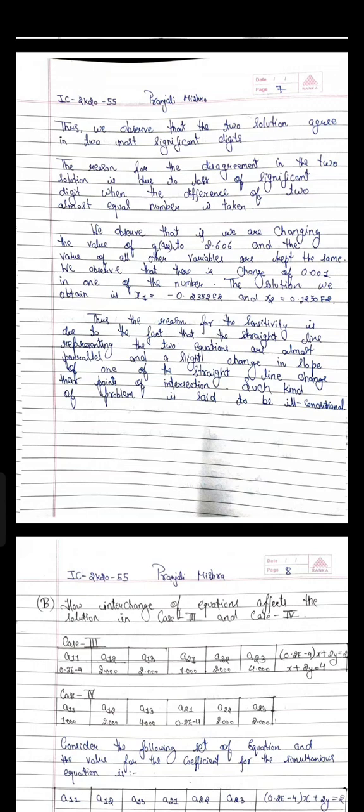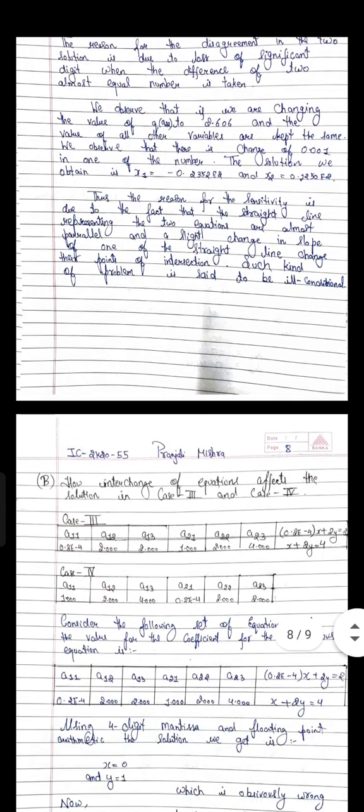The reason for the sensitivity is that the straight lines representing the two equations are almost parallel, and a slight change in the slope of one of the lines changes their point of intersection. Such a problem is said to be ill-conditioned.